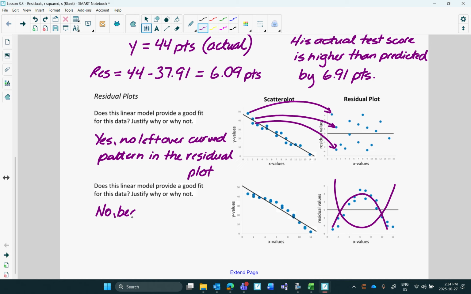Because there is a leftover curve pattern in the residual plot. Okay. So this tells us, should we use a line? Yes. Here, no here.